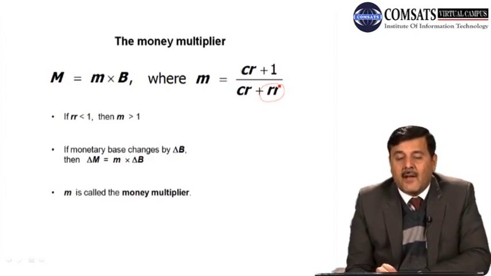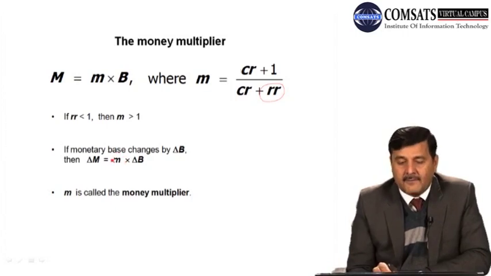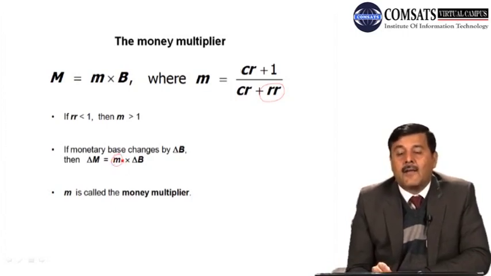So what happened then? If monetary base changes by delta B, then delta M is equal to m into delta B. m is the money multiplier, right? Here in this equation, m into B, m is the money multiplier.